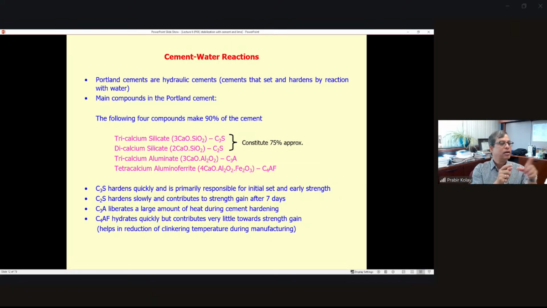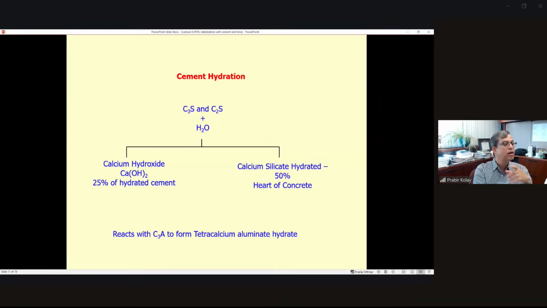When you add water, the dicalcium silicate and tricalcium silicate react with the water, forming calcium hydroxide, which is 25% of the hydrated cement, and calcium silicate hydrate, 50%. That is the heart of the concrete. Calcium silicate hydrate, we call it CSH. Okay.